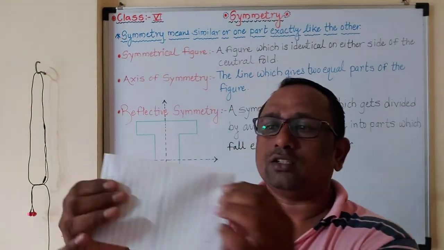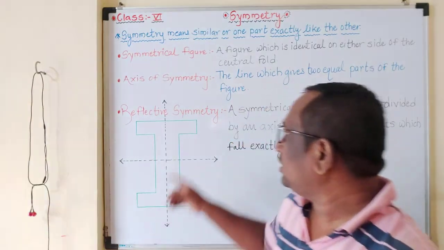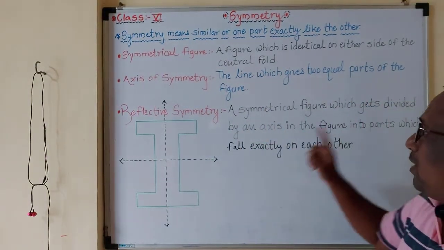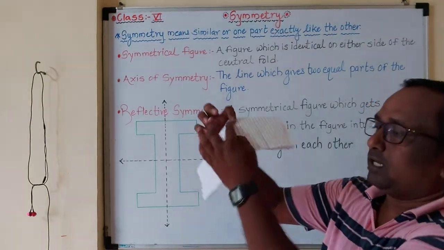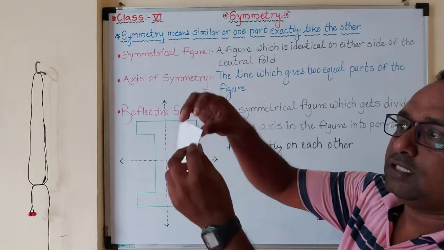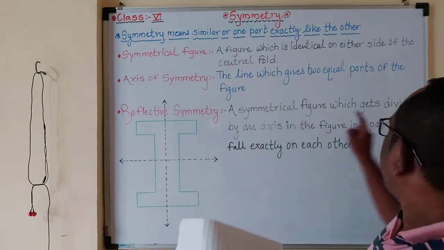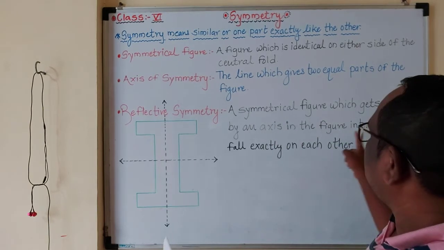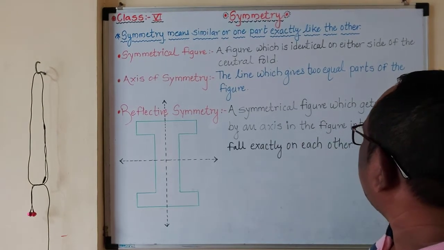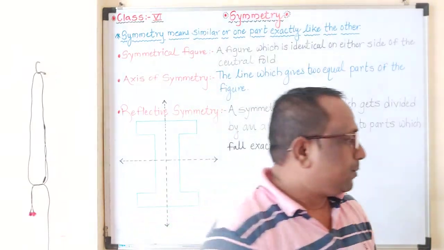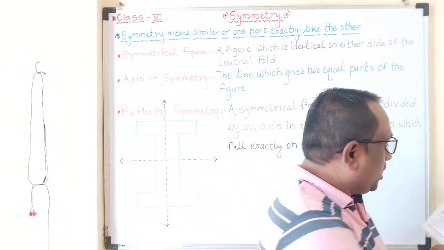So this is reflective symmetry, a symmetrical figure which gets divided by an axis. Here on the page, this is the axis when I fold. It gets divided by an axis into parts which fall exactly on each other. Okay, so you got the idea of symmetry, students.